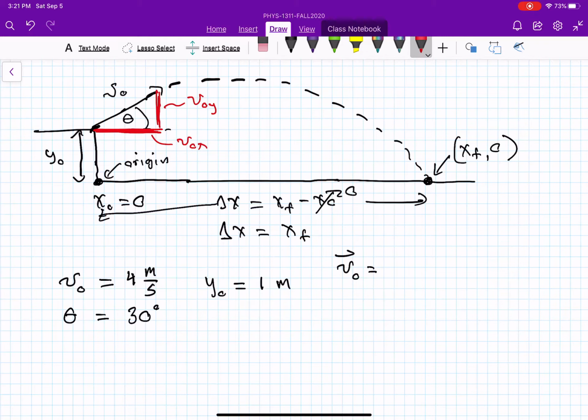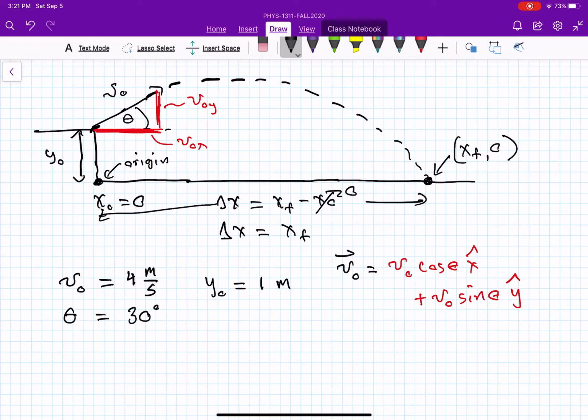So v0x is going to be v0 times the cosine of theta, x hat. And then I need to add that to v0y. v0y is v0 times the sine of theta, and that's in the y hat direction, so I multiply it by y hat. And so that's my full initial velocity vector.